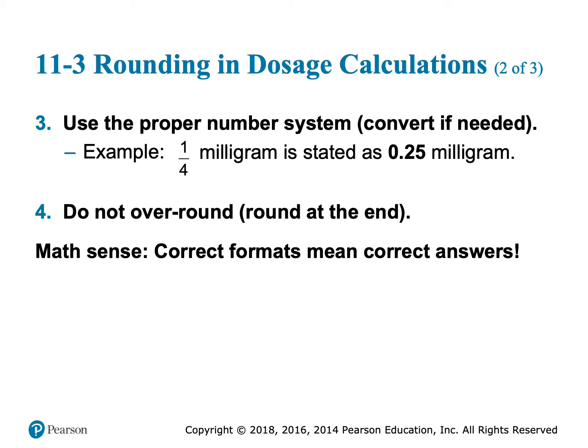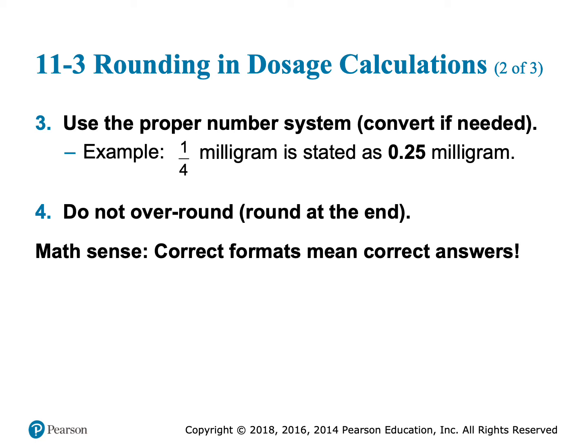The fourth thing is we don't want to over round. We want to save our rounding for the very end. In medications, a small amount of medication can be critical in dosing. Like I've mentioned before, it is critical in adults as well as pediatrics, but with children, a small variance in a dosage could end a life.